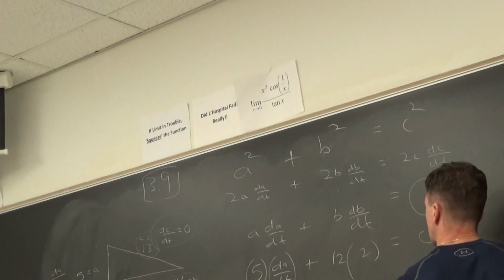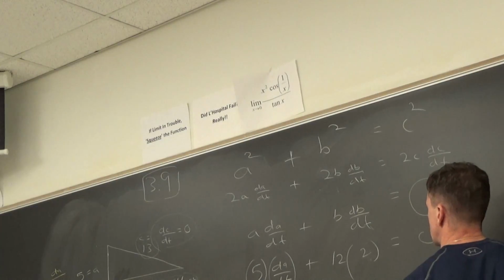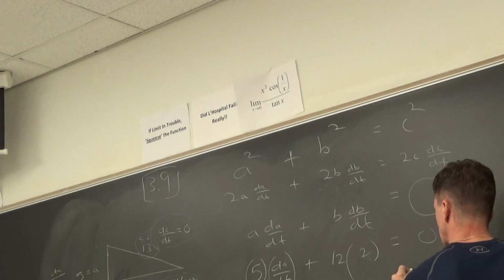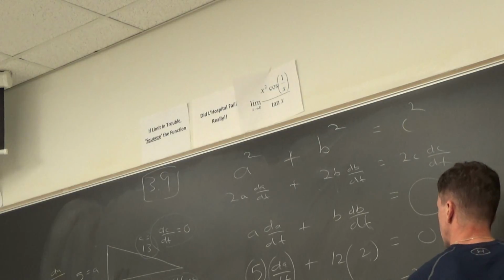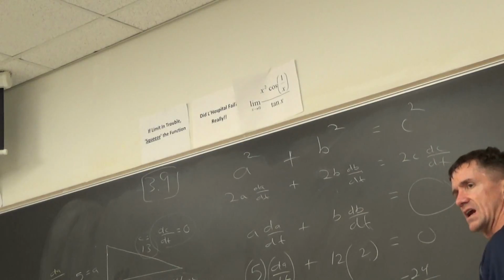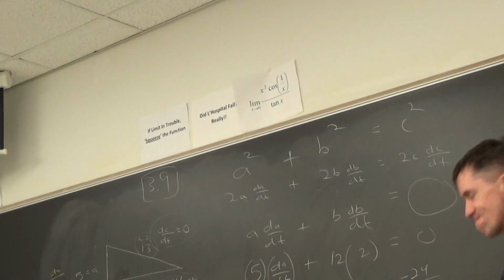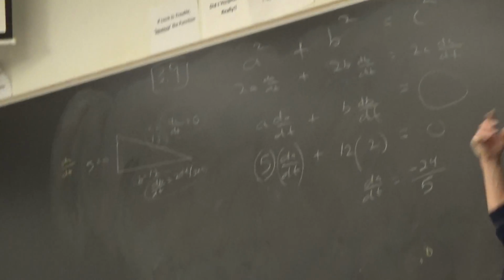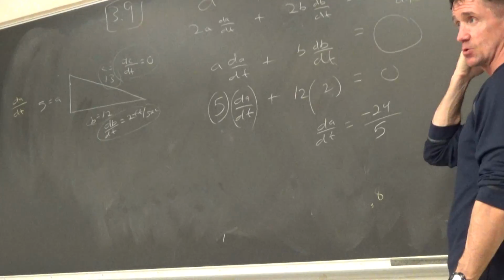All right, what do we get? Subtract 24 on both sides, divide by 5. My answer is negative. Was it supposed to be negative? Yep. You can leave it like that unless you want to make it a decimal, negative 4.8. But you gotta write units. Is it feet squared or feet?